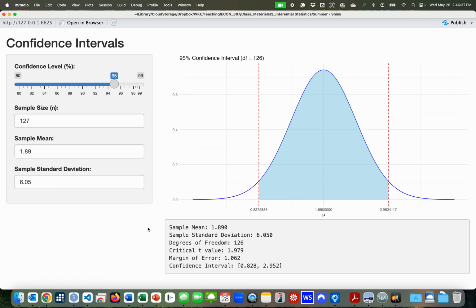So the confidence interval that we get for this problem with the 95% confidence interval is 0.828 to 2.952. So we're 95% confident that that interval contains the true mean. The claim that this person made does not fall inside of the interval.